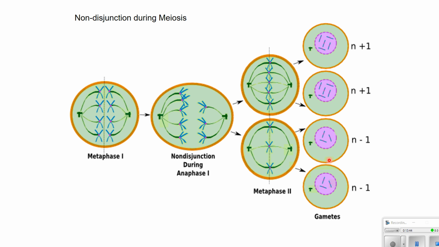And so when meiosis is complete, if let's say we're making sperm cells here, half of the sperm made by this man are going to have 1 too many chromosomes, but the other half are going to be missing a chromosome. The failure of a homologous pair to separate is called non-disjunction.